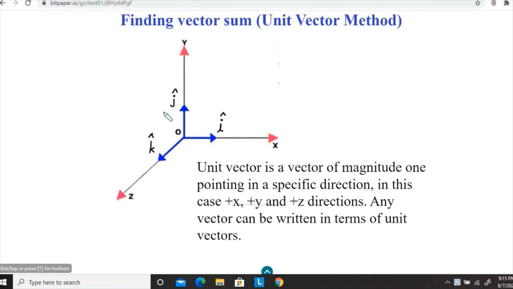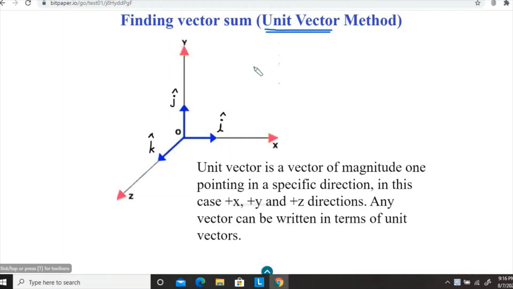This is called the unit vector method. However, in our course, we are not going to talk about the unit vector method. But still, I would like to give you a brief explanation about unit vectors and how we actually sum up vectors. So unit vectors are vectors with magnitude 1, that is unity, and they pretty much give you the direction.